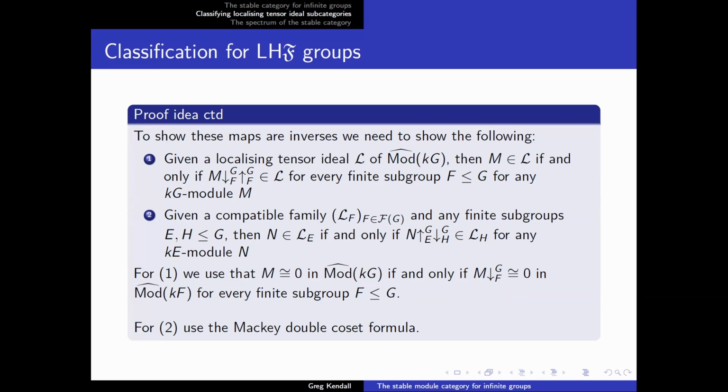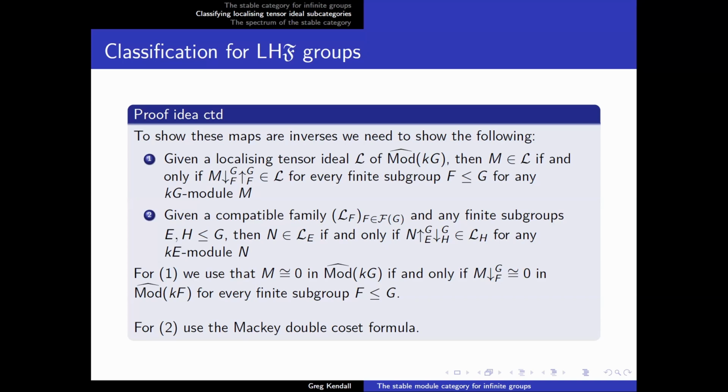To show this is true, we use the property that being stably zero is detected on finite subgroups. So you only need to show this for things which are isomorphic to zero, and then you get it for all KG modules.